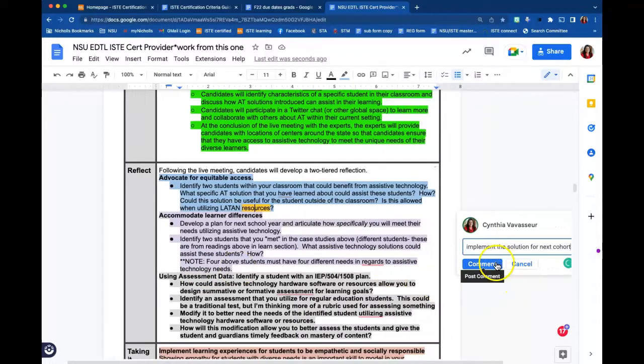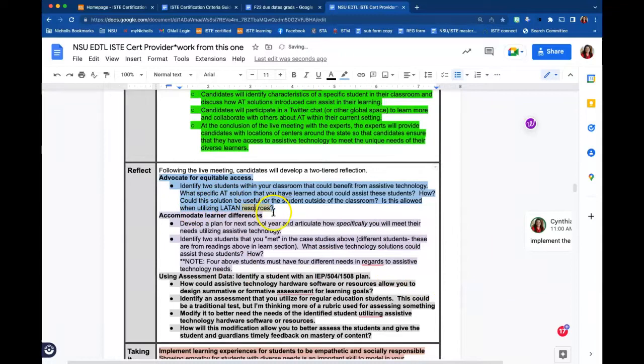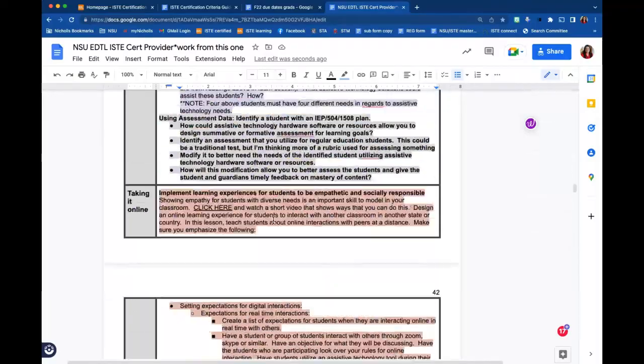Writing myself a note there. If you did implement the solution, perfect. This is an excellent way to do it. If you did not and you still can, grab a photo of it or something like that, then that would make this one an absolute solid for meeting this criteria.